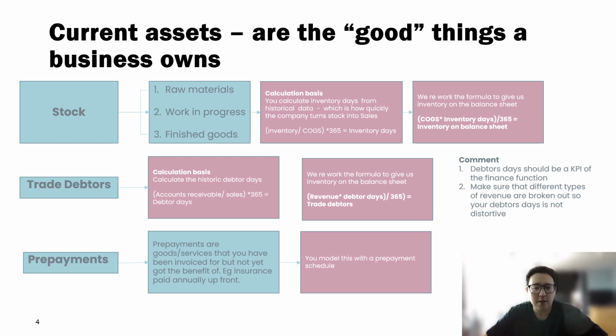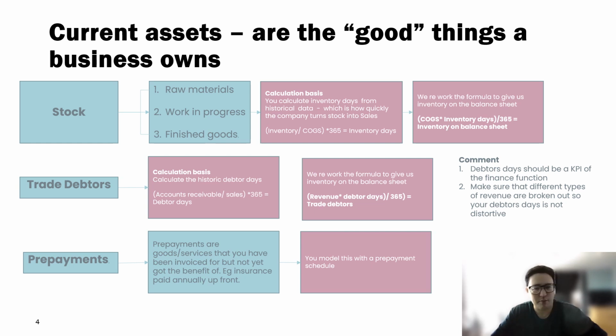In those circumstances, you really need to model 2 sets of debtor days for 2 sets of revenue, and that's because the vast differences in the collection rate between revenue 1 and revenue 2, one being effectively prepaid and the other one taking 60 days to pay, can be extremely distortive, right? So that's an extremely important point to know, so that when you have different kinds of revenue cadences, break them out, do 2 separate revenue lines on your P&L and 2 separate trade debtors, and work out 2 separate trade debtor day figures from historical data.